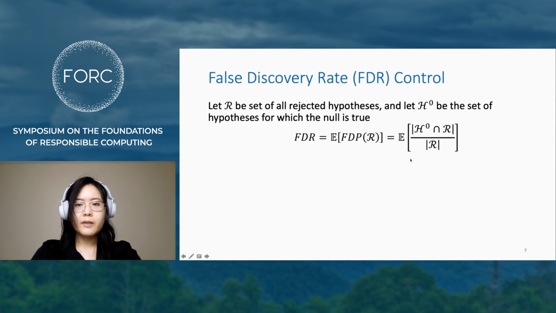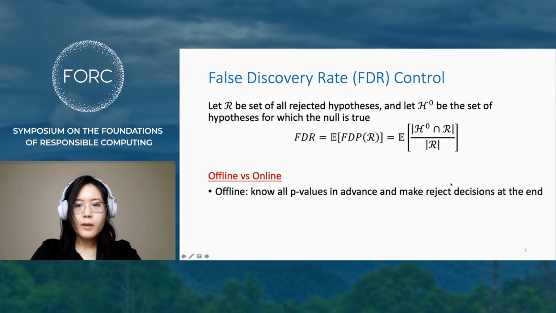Formally, the FDR is defined as the expectation of the proportion of the false discoveries out of all rejected hypotheses. This problem can be considered under two settings, the offline and the online setting. In the offline setting, we know all p-values in advance, and we make rejection decisions at the end.